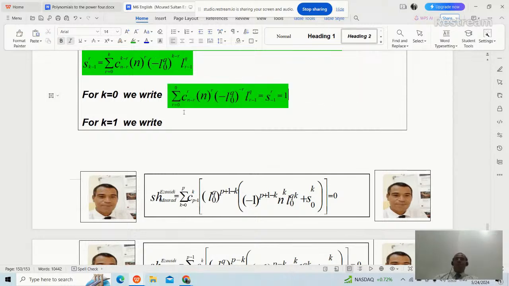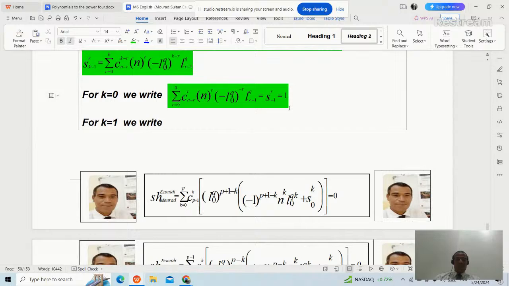So when k equals 0, it will be the sum from 0 to 0, combination n minus r choose r, n raised to the power r, times minus L0 of the Q, all raised to the power negative r, times L r minus 1 of the Q, simply because k is 0, which is equal to S minus 1 of the Q, which is equal to 1.